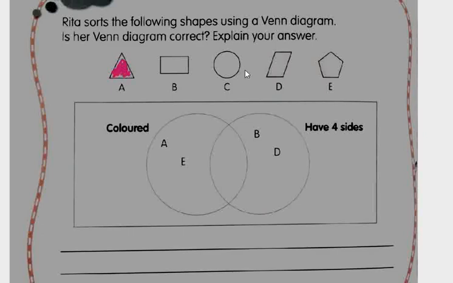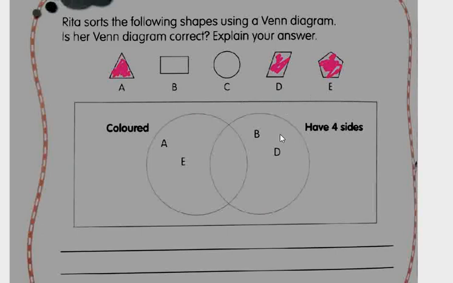This one and this one and this one. Colored A and E, and have four sides B and D. Okay, so the colored things are A, D, and E, right?